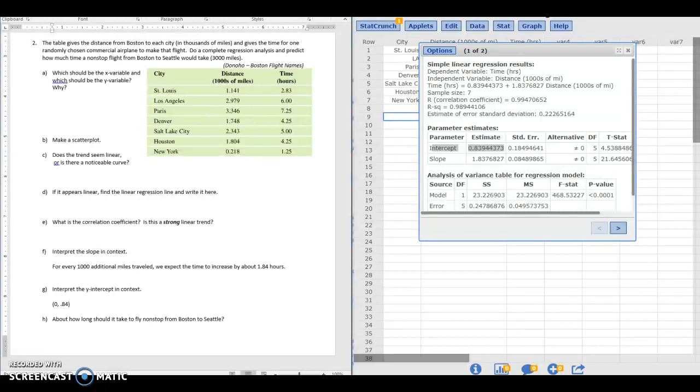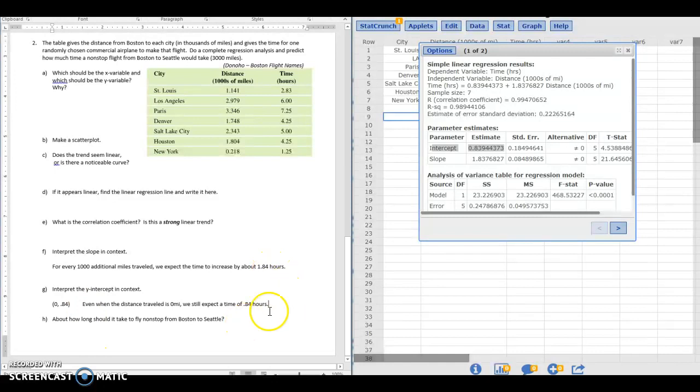So what I might say is something like, even when the distance traveled is 0 miles, we still expect a time of 0.84 hours.